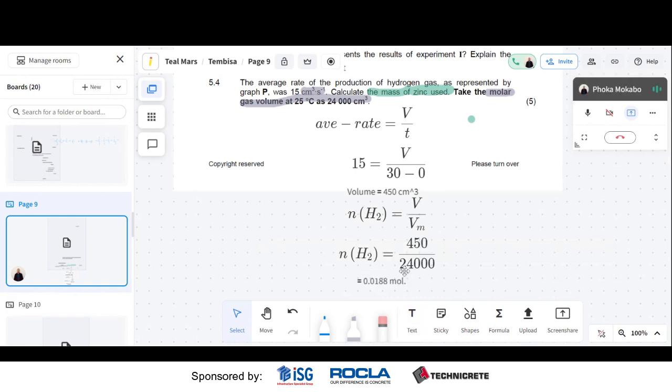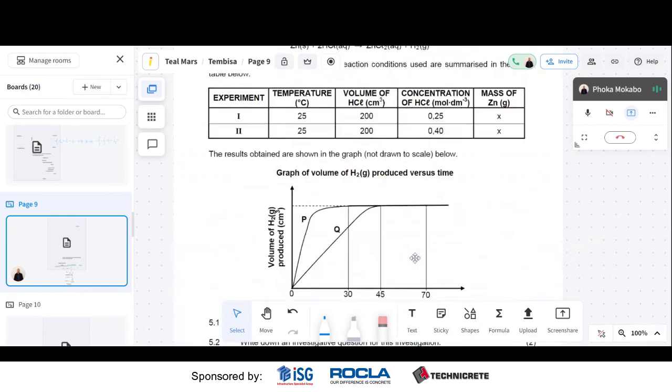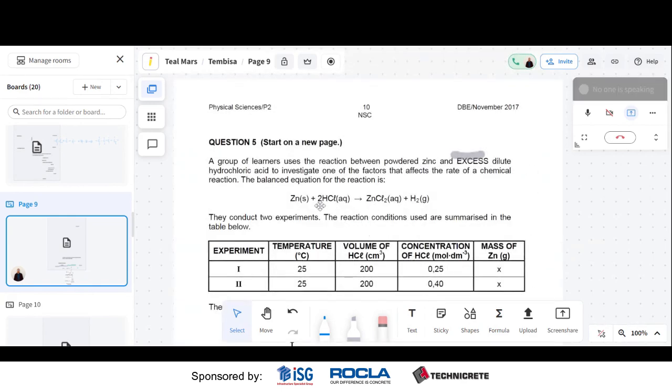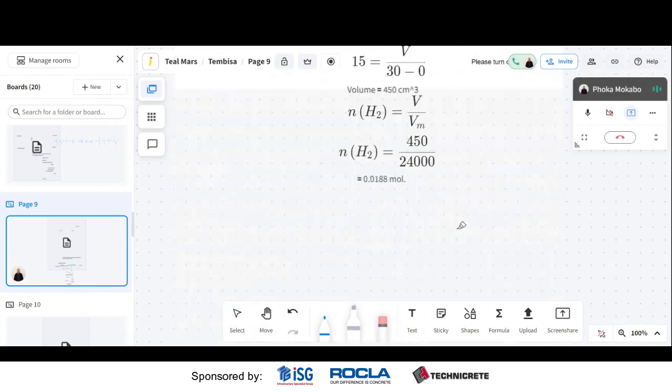Okay. Now, due to the molar ratios over here, hydrogen gas is equal in the number of moles to your zinc. So the zinc produced is the exact same number of moles.